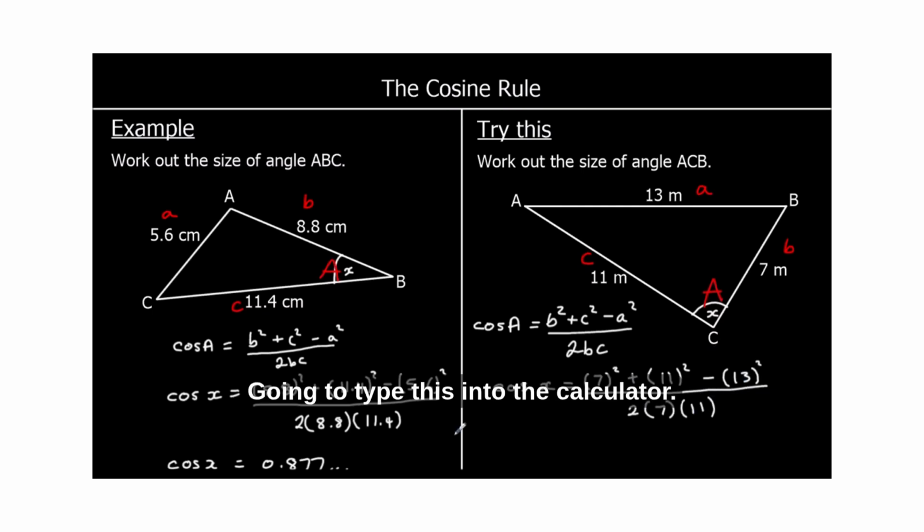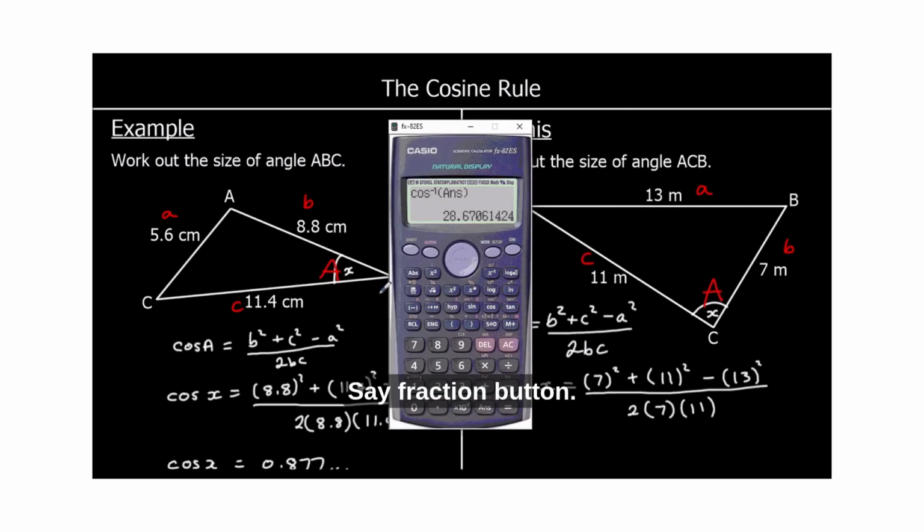Going to type this into the calculator. So fraction button, I've got 7 squared plus 11 squared minus 13 squared over 2 times 7 times 11.